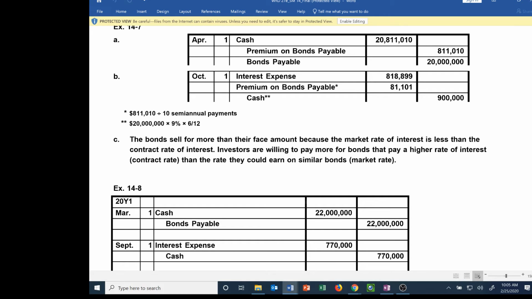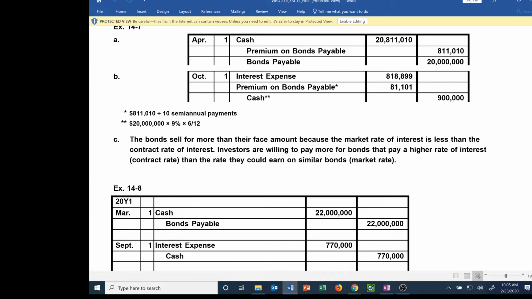22 million. Now, the interest is 7%. Take half of that, semi-annual, which is 3.5%. Decimal 0.035 times 22 million should give you 770, shouldn't it? All right, and we called the bonds in at 102.